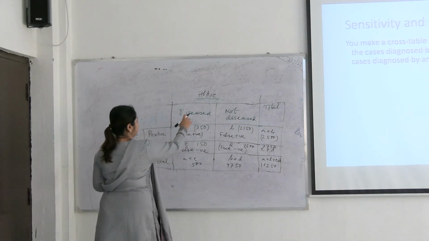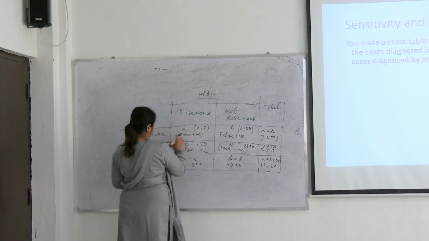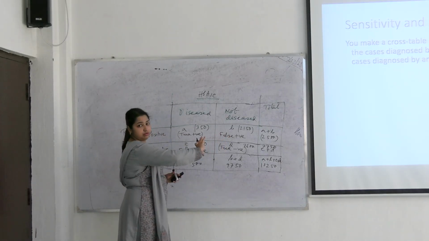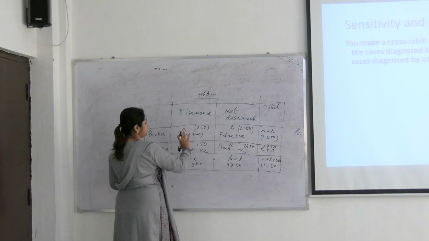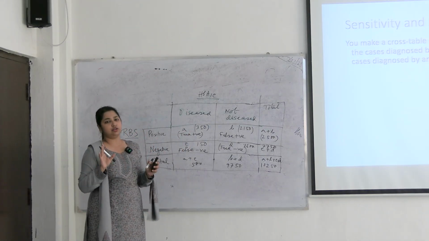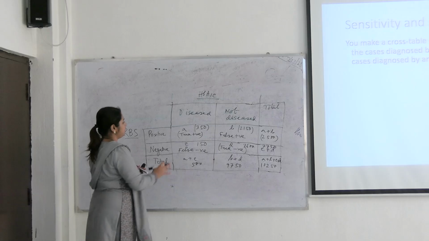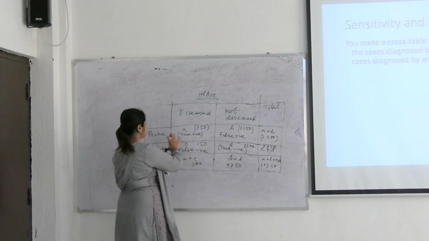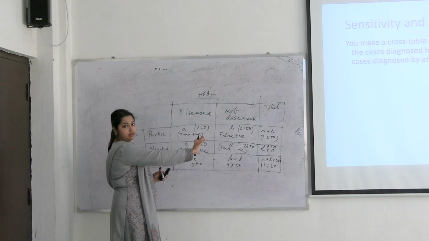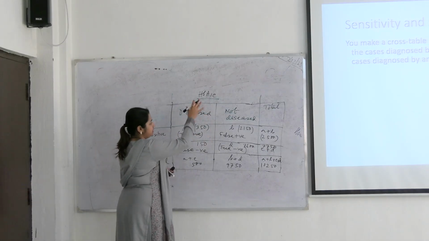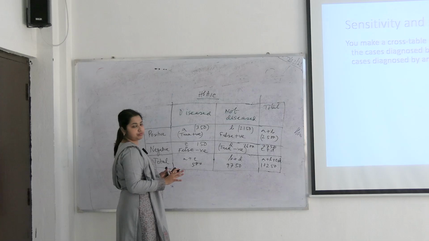But the confirmatory test is HbA1c. So, you are putting the screening test in the row. Whenever there is a screening problem, you always put the gold standard or diagnostic test in the column and the screening test in the row in a 2 by 2 table. Will you remember? Okay, screening test in the row, diagnostic test in the column.